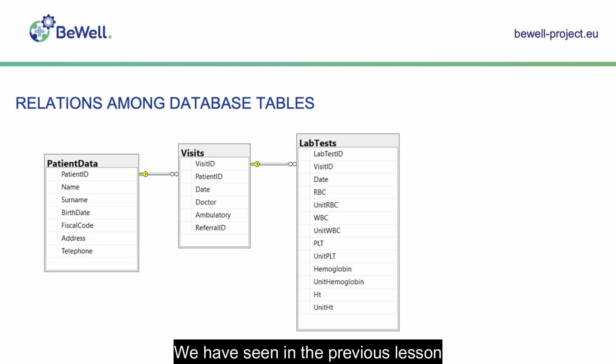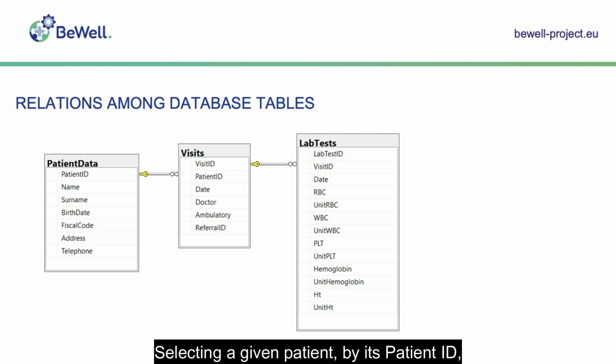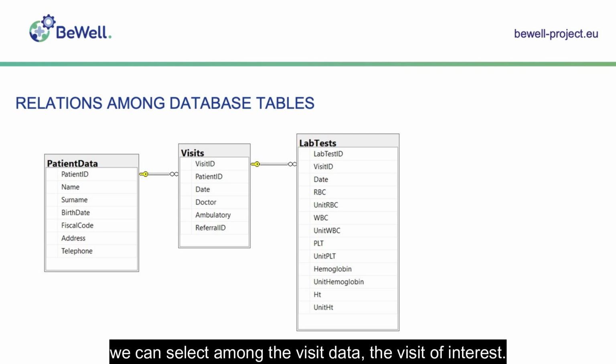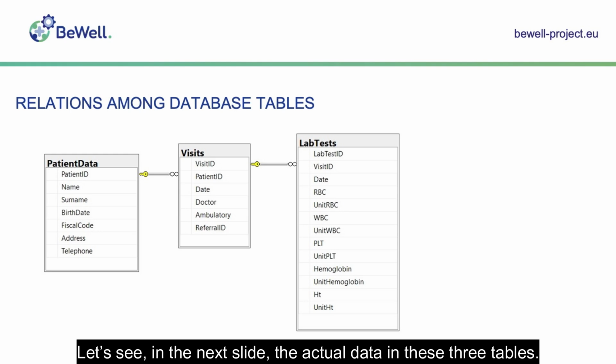We have seen in the previous lesson how data are related within these data sets. Selecting a given patient by its patient ID, we can select among the visit data the visit of interest. For this visit, we can then identify the lab test results in the third table. Let's see, in the next slide, the actual data in these three tables.